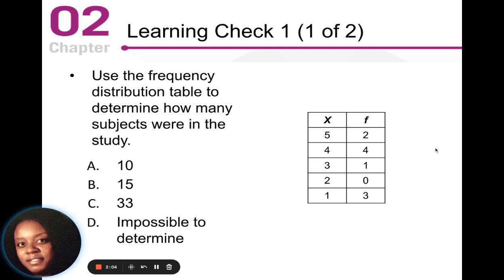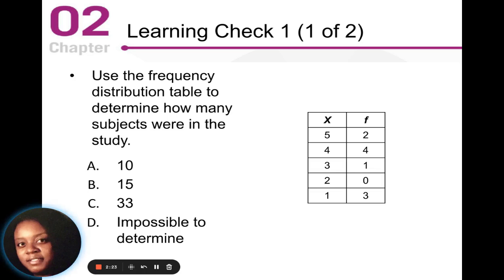Our first learning check: use the frequency distribution table to determine how many subjects were in the study. So how many total people participated in the research study? Was it A, 10, B, 15, C, 33, or is it impossible to determine?